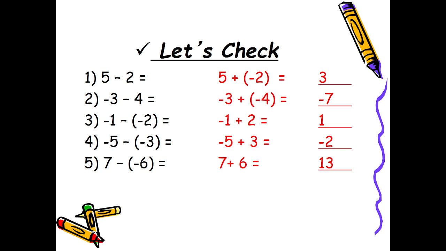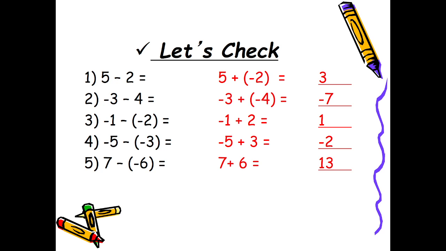Number 3, we have negative 1 minus negative 2. We keep negative 1. We change the minus sign into plus sign, and then we change the sign of negative 2 into positive 2. So what we have is negative 1 plus 2. So they have different signs. We subtract. 2 minus 1 is 1. And since the bigger number, which is 2, is positive, our final answer is positive 1.